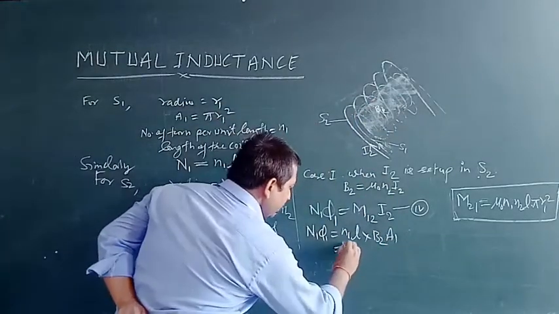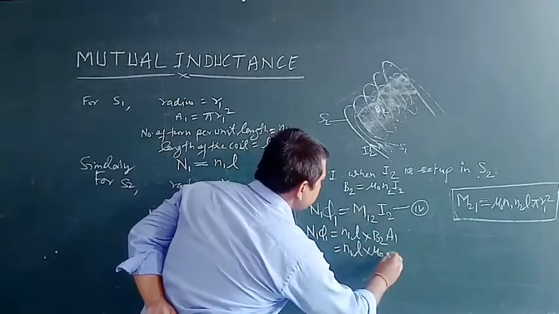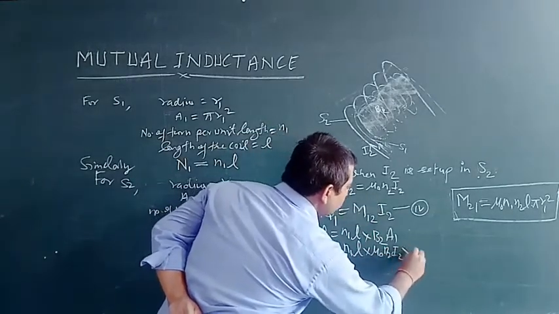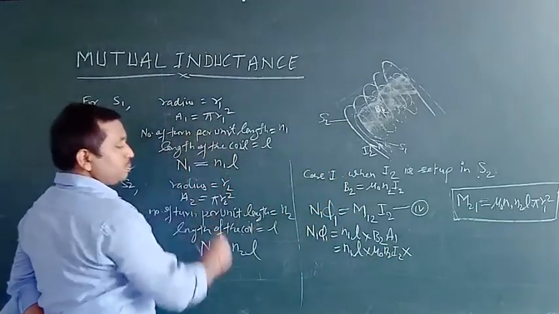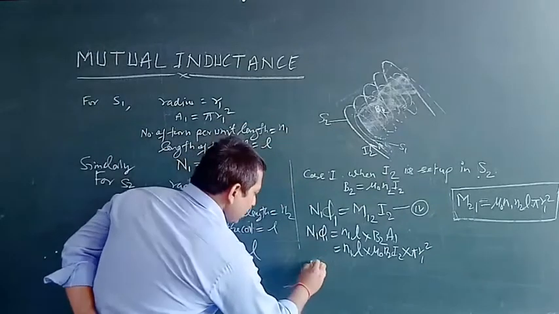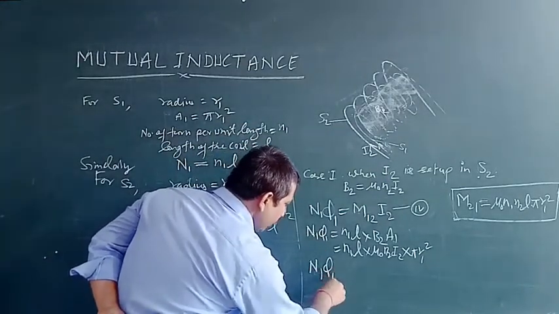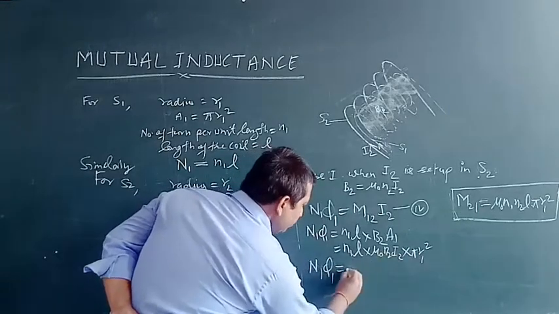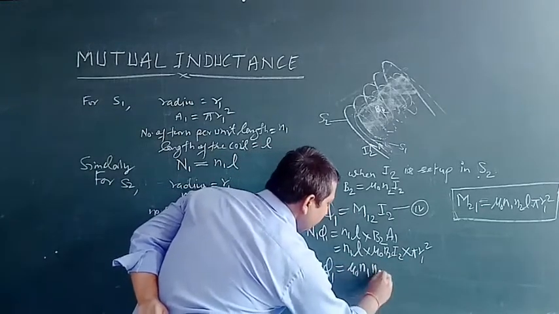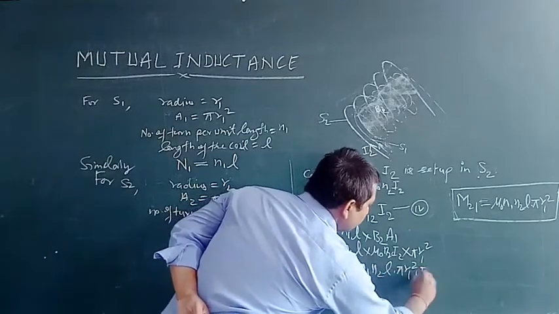Okay, so if we put the value of B2 from here, then we get mu 0 N2 I2 and area, that is pi r1 square. So from here, after rearranging, we get N1 phi 1 is equal to mu 0 N1 N2 L pi r1 square I2.